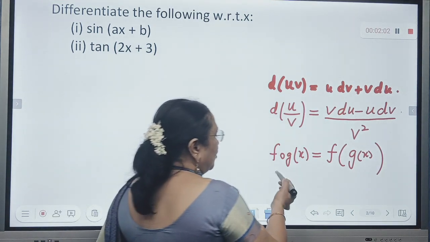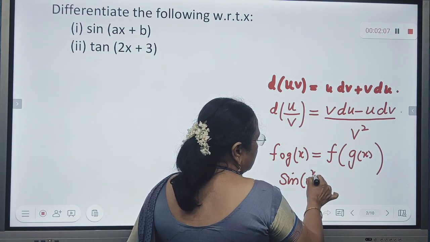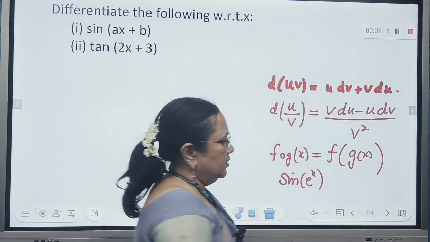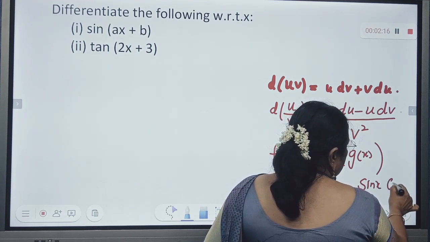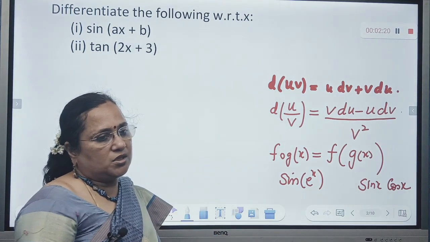For example, sine of e power x is a composition of the sine function and the exponential function. If I write sine x into cos x, that means we are looking at the product of two functions, sine x and cos x.